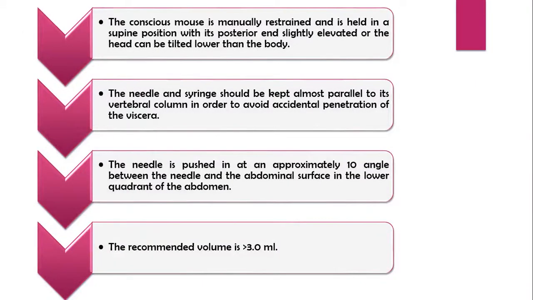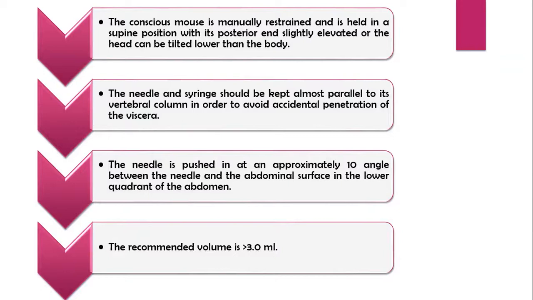The procedure is: the conscious mouse is manually restrained and is held in a supine position with its posterior end slightly elevated, or the head can be tilted lower than the body. The needle and the syringe should be kept almost parallel to its vertebral column in order to avoid accidental penetration of the viscera.